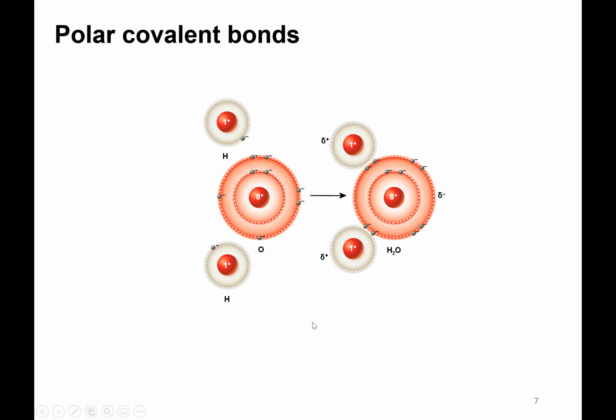Another type of covalent bond is polar covalent, and it's polar because there is a partial charge, and the partial charge is due to uneven sharing of the electrons.